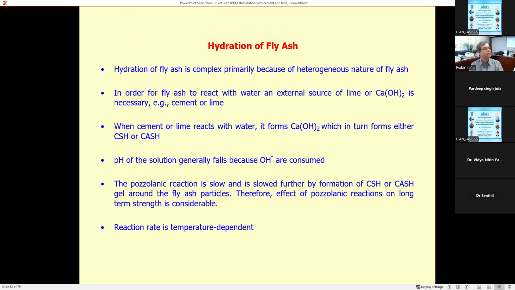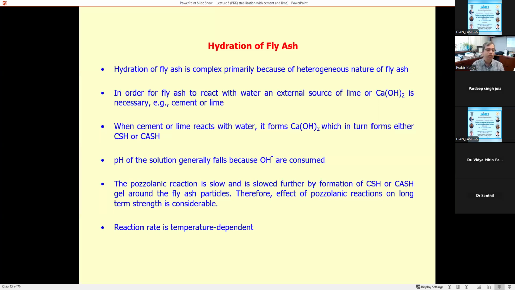The hydration reaction is the same thing again. The reaction is slow, but it will increase at a later stage. When cement or lime reacts with water, it forms calcium hydroxide, which turns into either calcium silicate hydrate or calcium aluminate hydrate. The reaction is temperature dependent. Also, fly ash is very heterogeneous, so you need to characterize first what type of fly ash it is.